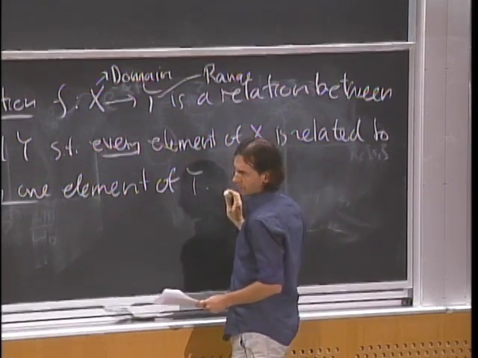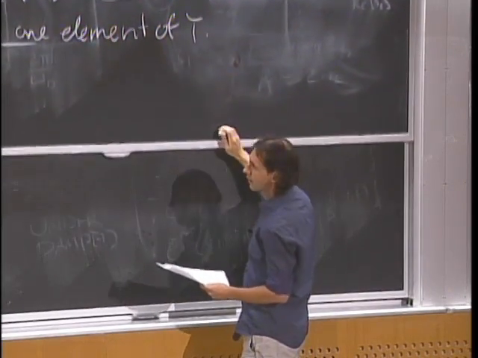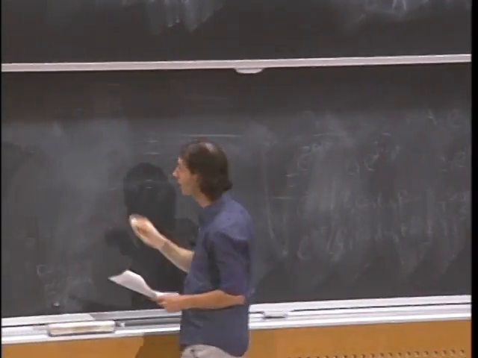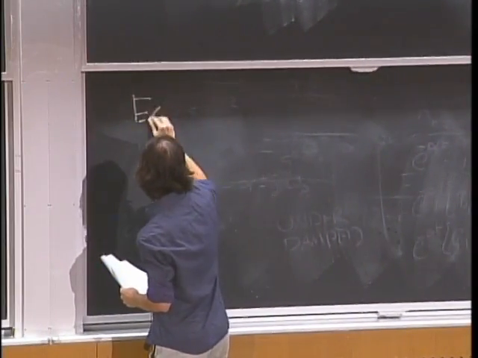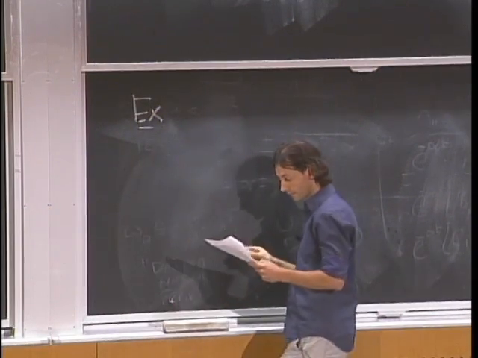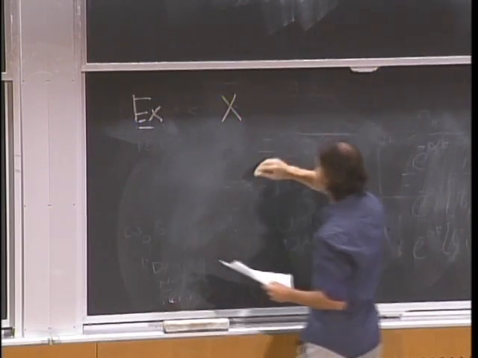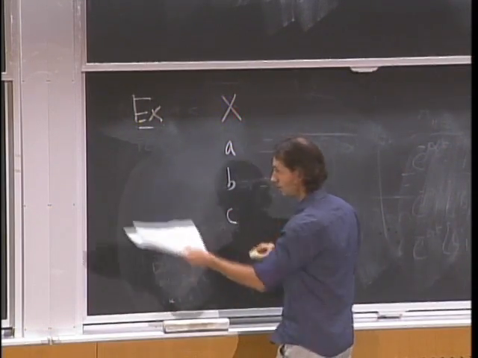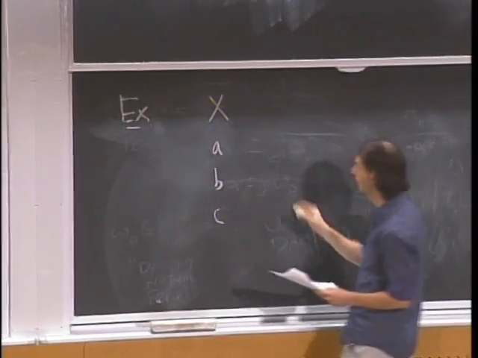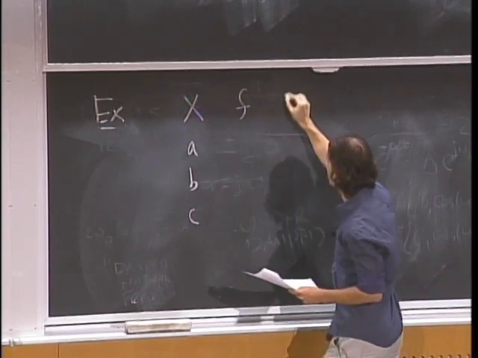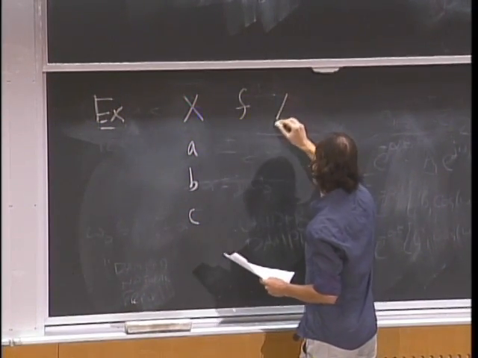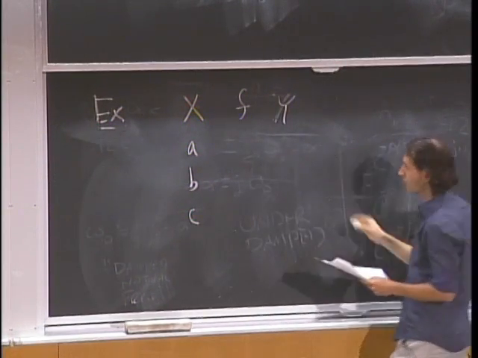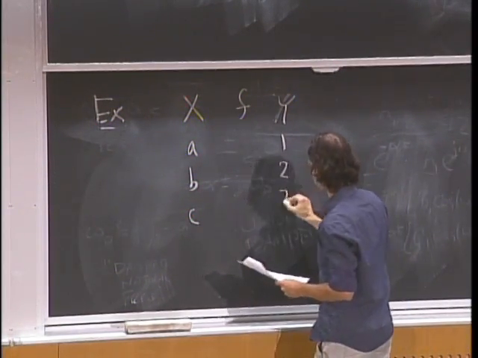So let's see a couple of examples, first of all, of a function, and then relations that are actually not functions. So suppose we have a mapping from x, which just contains the elements a, b, and c, just in line with this example over here. And we have a mapping f that maps to the set y, and y is just the numbers 1, 2, and 3.